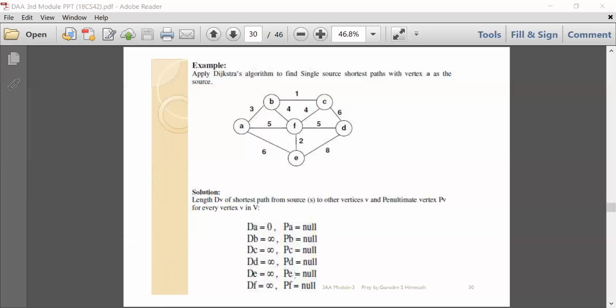Initially all the paths will be null and all the distances will be infinity apart from A, because from A to A obviously the distance will be 0. Why did I make this 0? Because I chose A as my source. That's why the distance from source to source will always be 0. Okay, next I will continue.